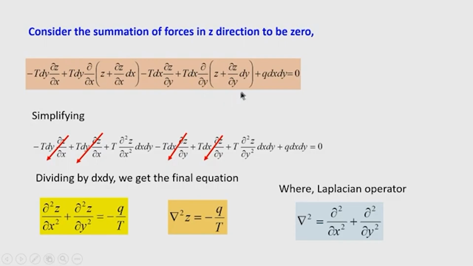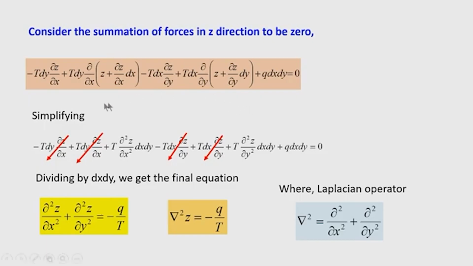So that component we have written, plus the external force, that is q into dx dy, and the summation should be 0 for the equilibrium condition, because the vertical force will be resisted by the component of the tension.